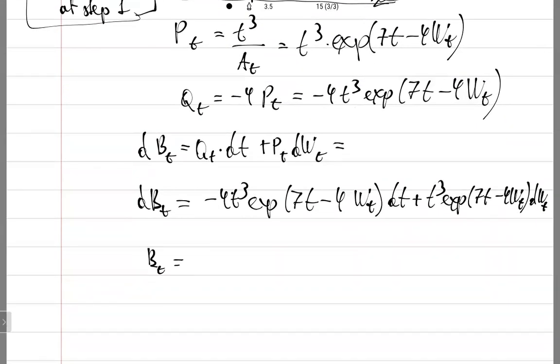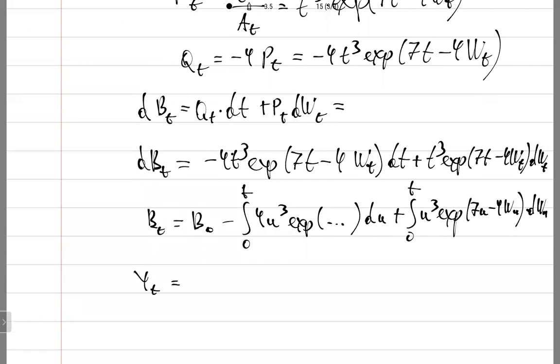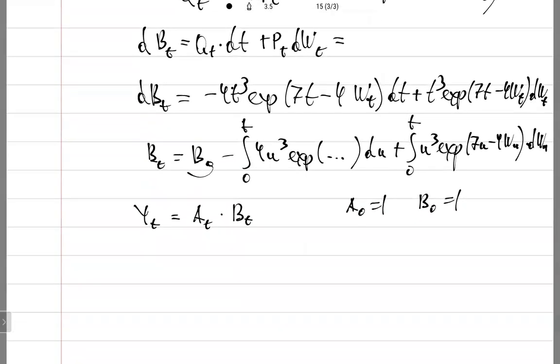So Bt is B0 plus integral from 0 to t of 4u exponent du plus integral from 0 to t of u cube exponent of 7u minus 4Wu dWu. And finally, Yt is At times Bt. We need to get the value of B0, but if A0 is 1, then B0 is also 1.